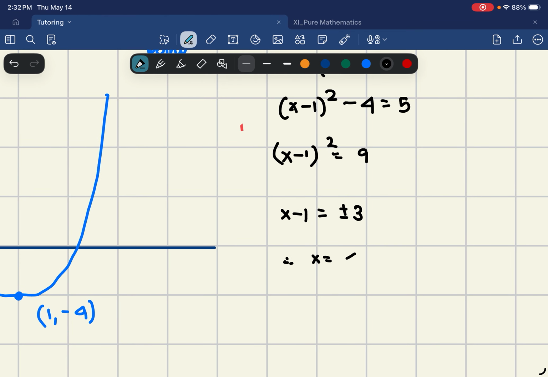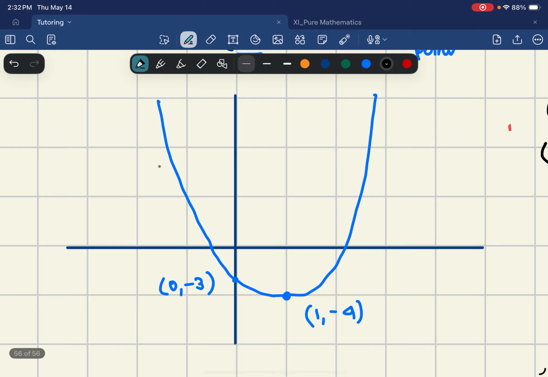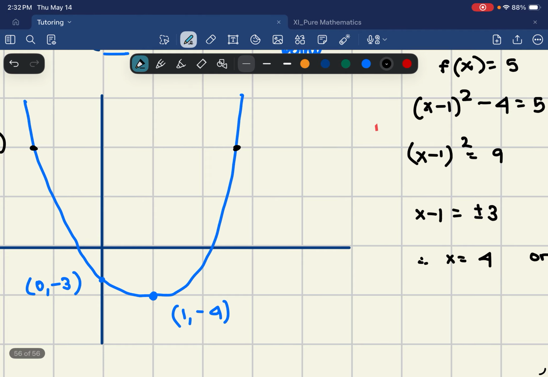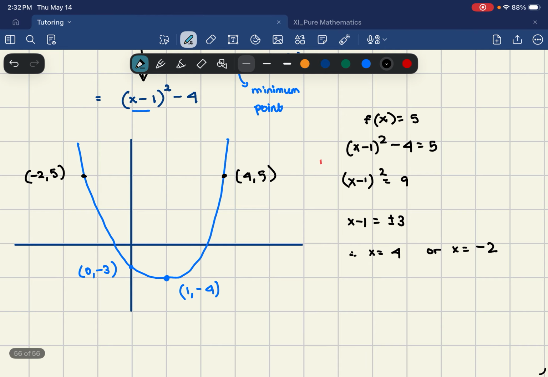So x is equal to 4, or x is equal to negative 2. So negative 2 comma 5 is a point on my graph, and 4 comma 5 is a point on my graph.